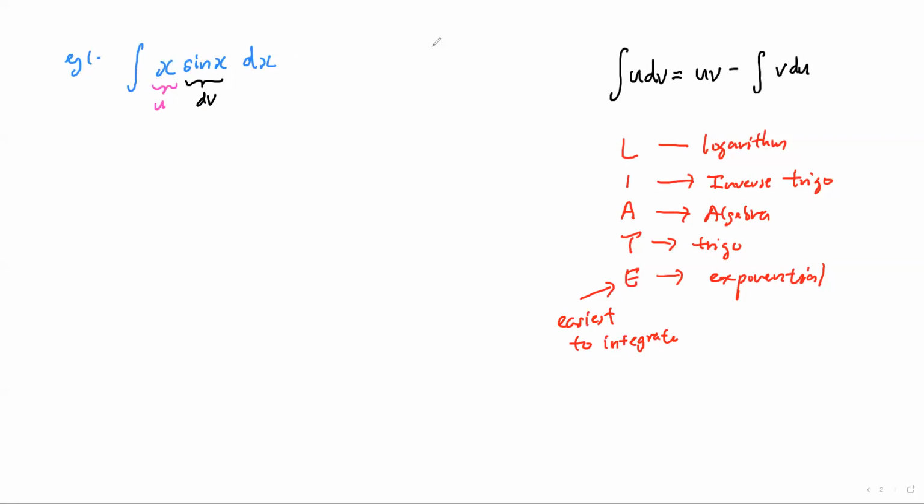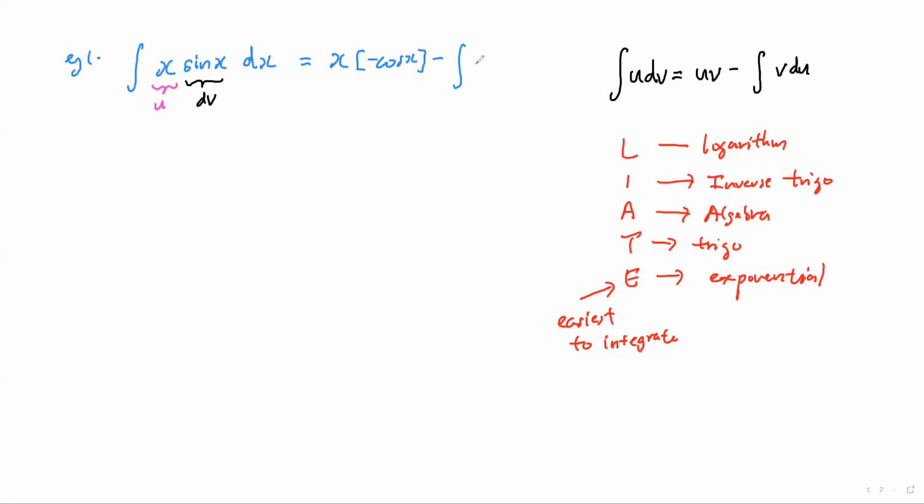All right, let's apply the formula. When you integrate this, you get uv. So u is x, and dv is sine x, so v is the integral of sine x. What's the integral of sine x? It's negative cosine x, minus the integral of v du.